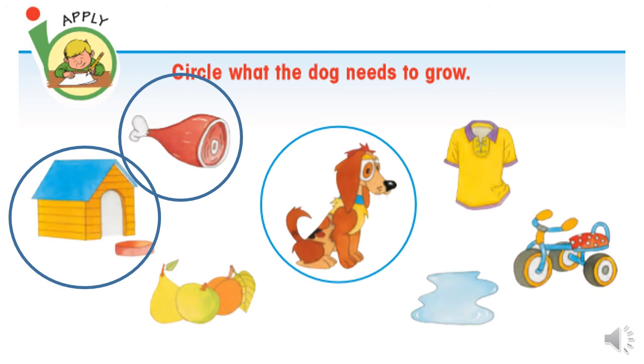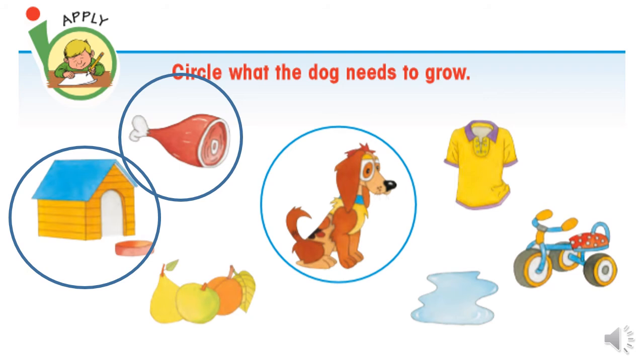Then, can the dog eat fruits? Without fruits, can this animal die? Or no? Sure, no. This dog can live without fruits. It needs only meat or milk or any kind of food that the dog can eat.